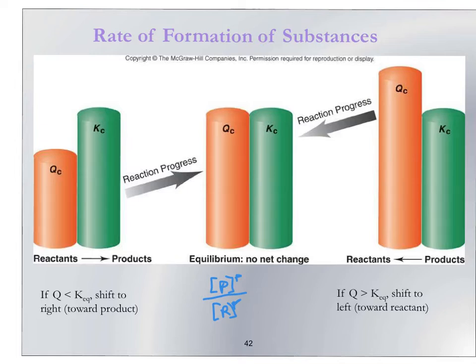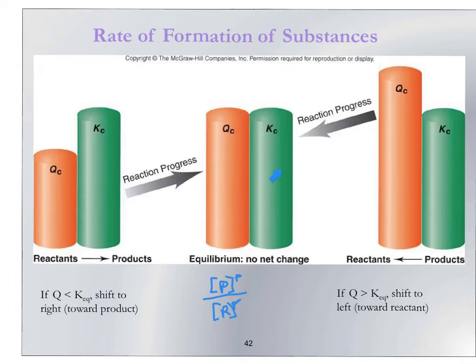So, let's say I take a sample of my reaction mixture and calculate Q. I take the concentration of the products over the reactants raised to the power of the coefficients, and I calculate that.